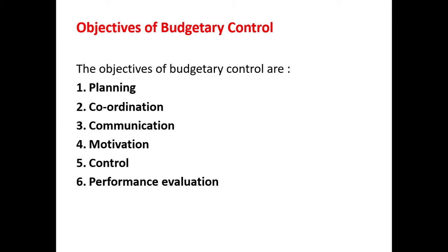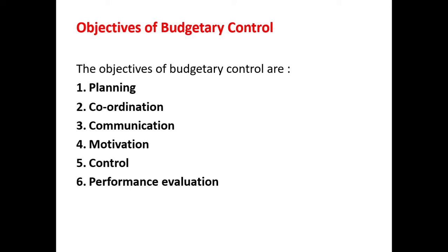Next, a very important thing, objectives of budgetary control. The first objective of budgetary control is planning. Here, a budget provides a detailed plan of action for a business over a definite period of time.